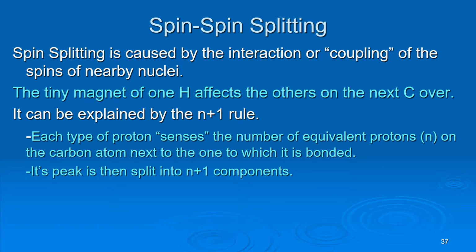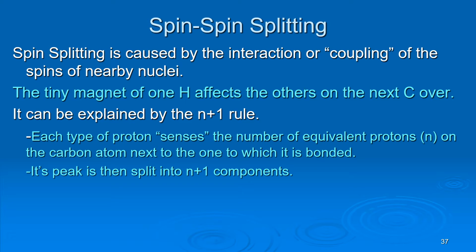Spin-spin splitting is caused by the interaction, or sometimes it's also called coupling, of spins of nuclei that are on carbons one away from each other. If you go back and look at some of the previous examples in the previous slideshows, the hydrogens were never right next to each other, so we hadn't had to deal with spin splitting yet.